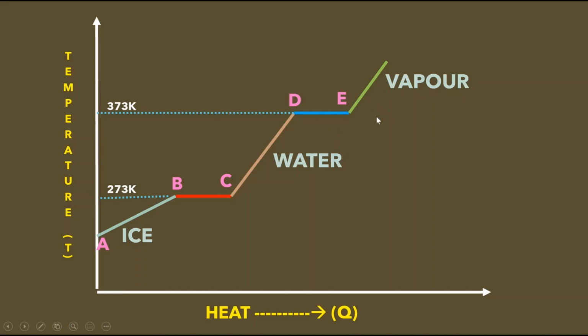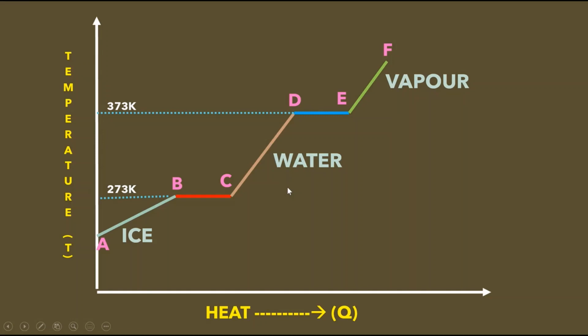And here at EF, similarly, the heat is converted to kinetic energy. So the heat is converted to kinetic energy at A, B, C, D, and EF, and the heat is converted to potential energy at B, C, and DE, wherever there is a phase change.